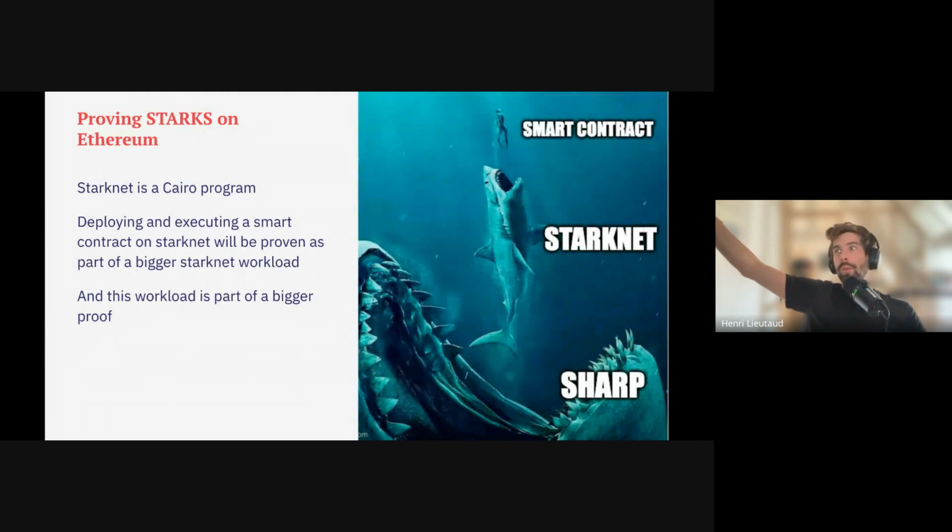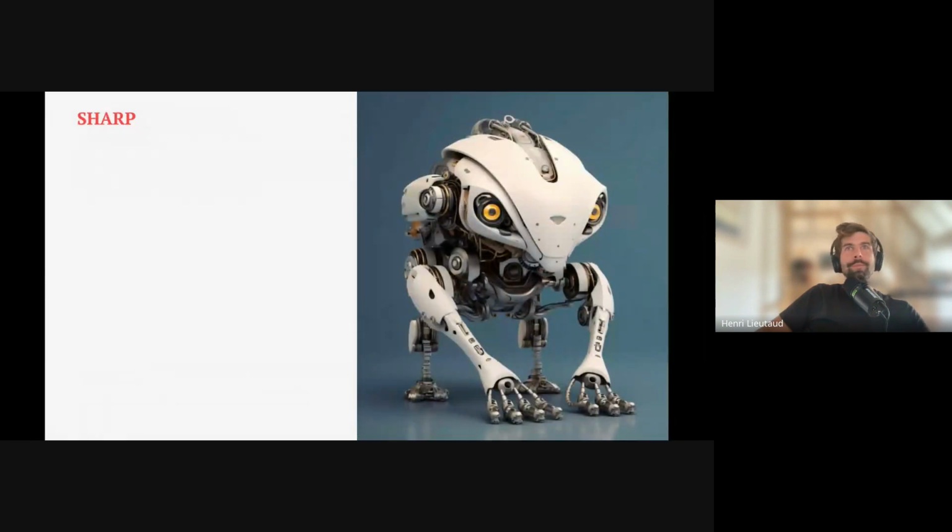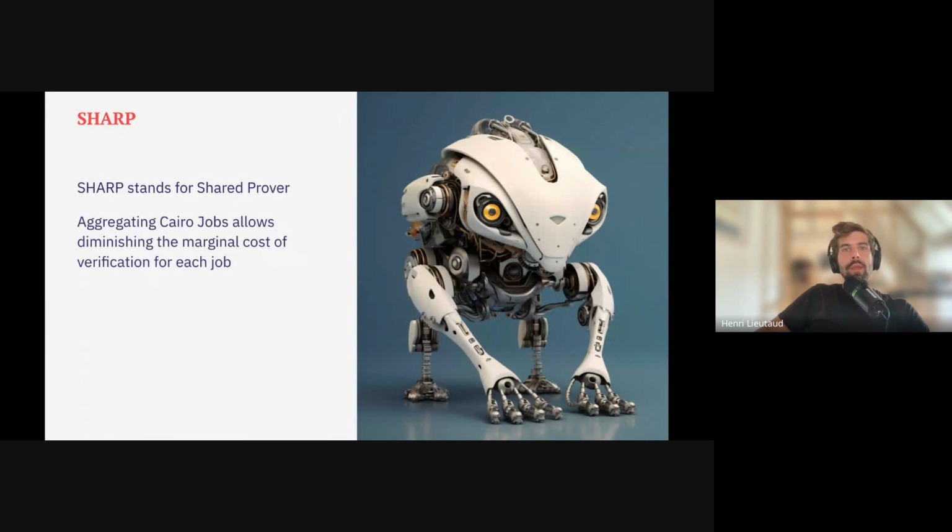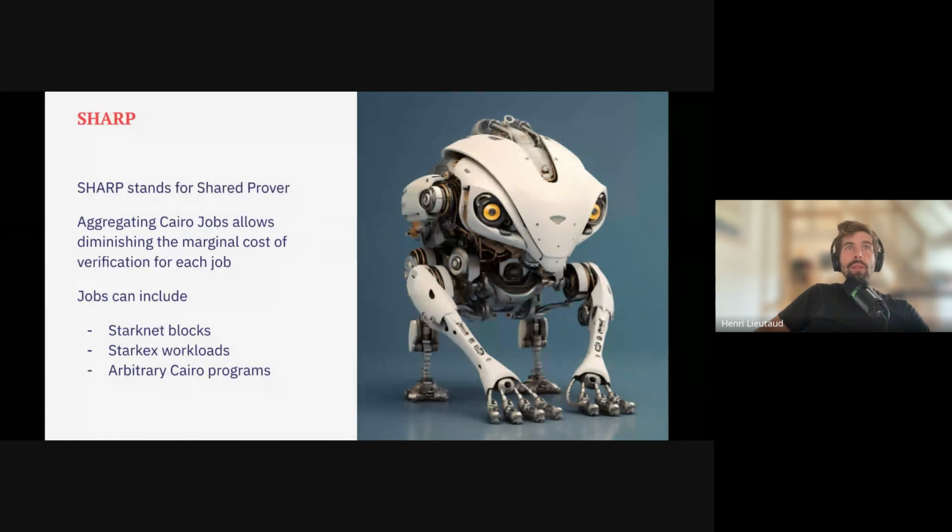So instead of having your proofs be verified individually, it makes sense to bundle them into a system like Sharp that is part of a bigger proof so that you have lower cost for your individual program. So what is Sharp? Sharp is the acronym of Shared Provers, and its job is basically to aggregate what we call Cairo jobs and then bundle them into a single proof to diminish the marginal cost of verification.